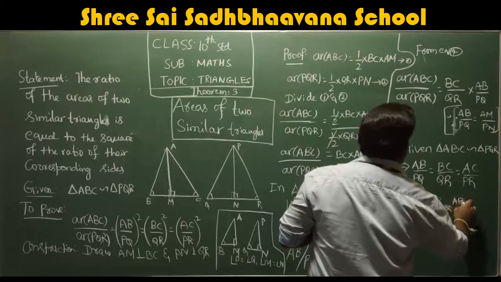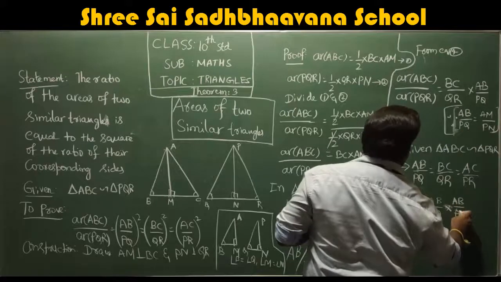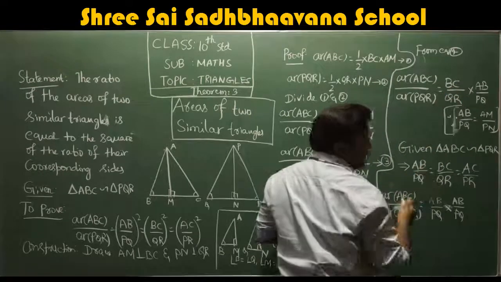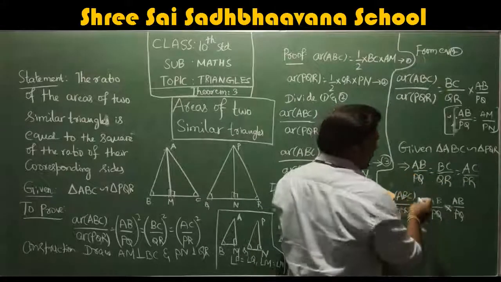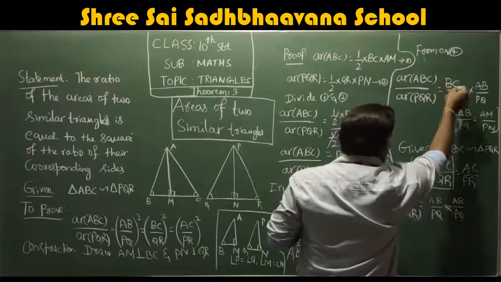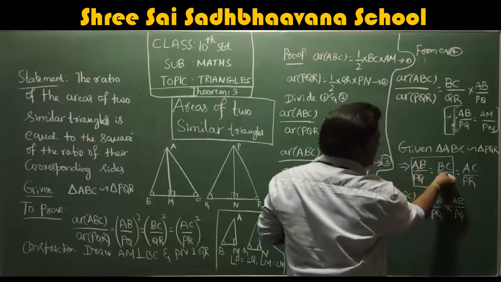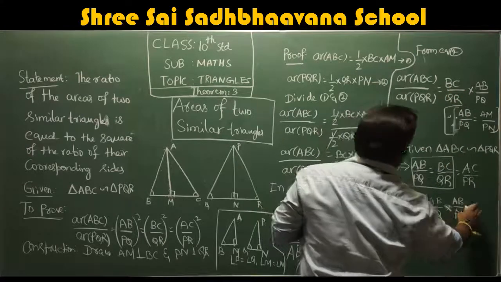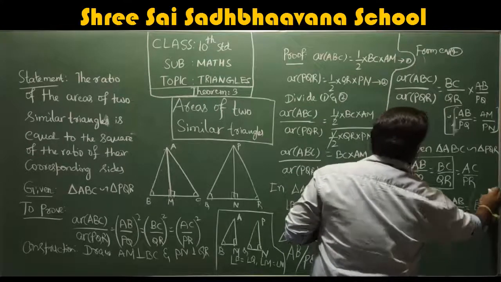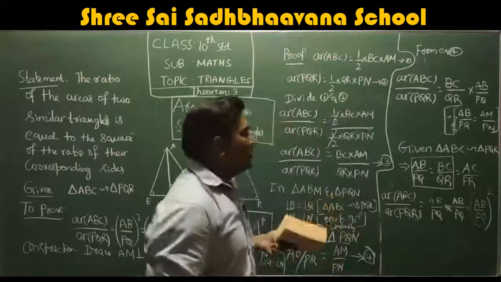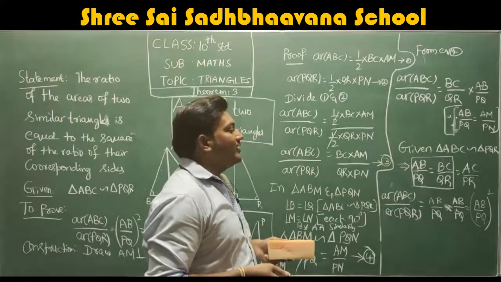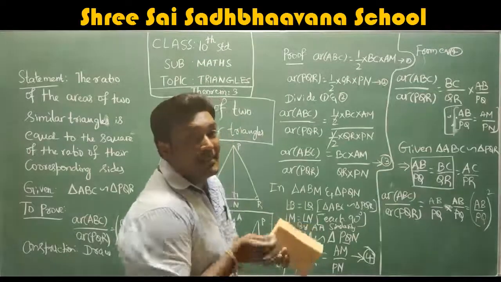So AB by PQ is already there, that I am writing here, and BC by QR is replaced with AB by PQ because it is equal. So I replaced it with AB by PQ, so AB by PQ whole square. So we proved area of triangle ABC by area of triangle PQR is equal to AB by PQ whole square.